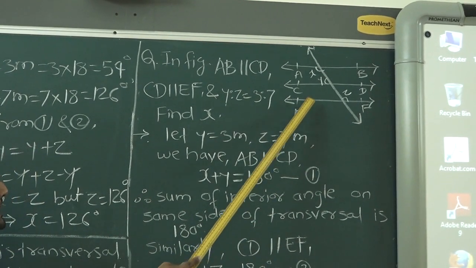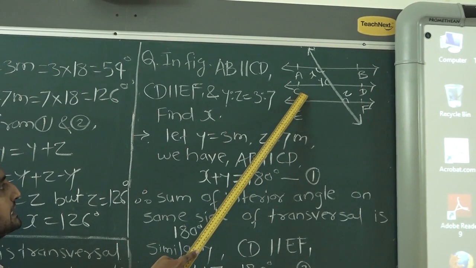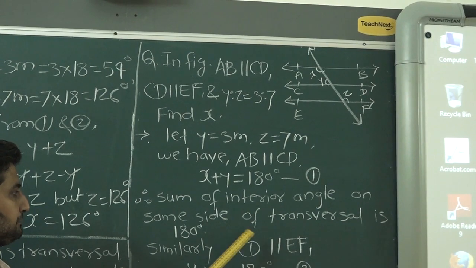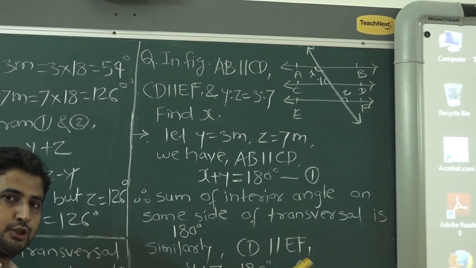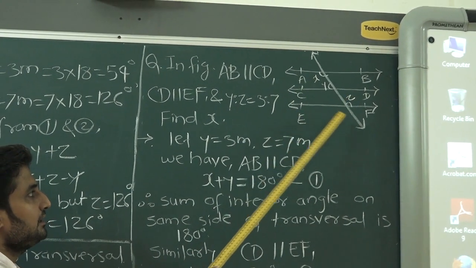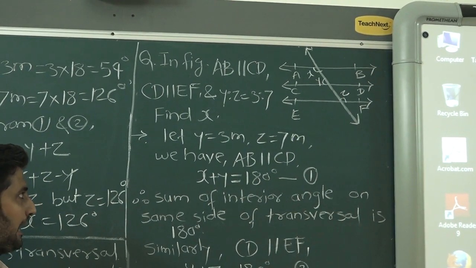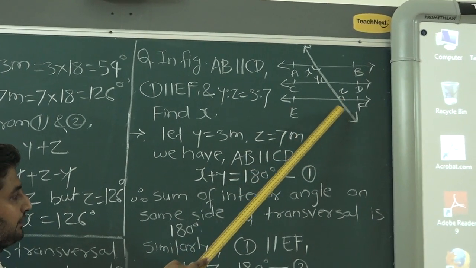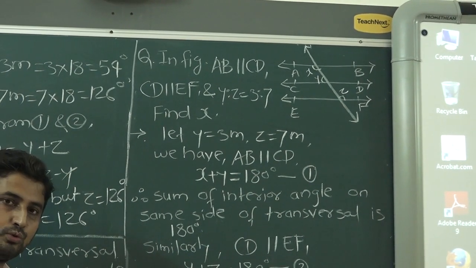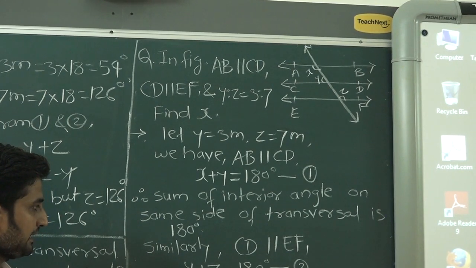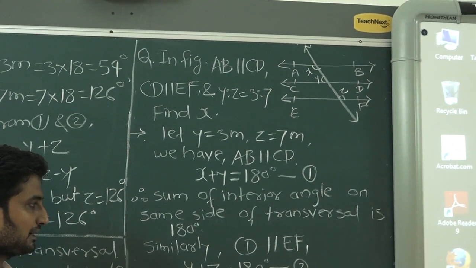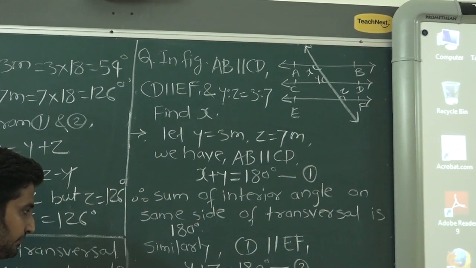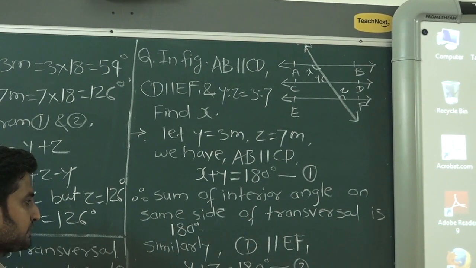Now we are going to the next two lines here, CD and EF. In this we have CD parallel to EF, right? And again this angle Y and this Z, Y plus Z is equal to 180 degrees. We call this equation 2. The reason of this is given here. These are vertically opposite angles.